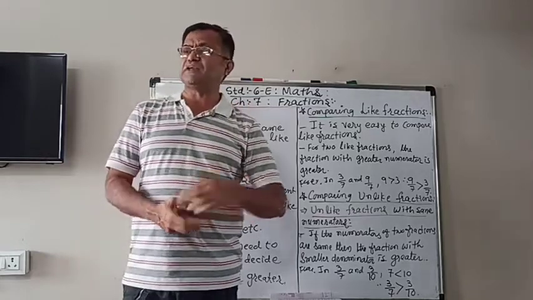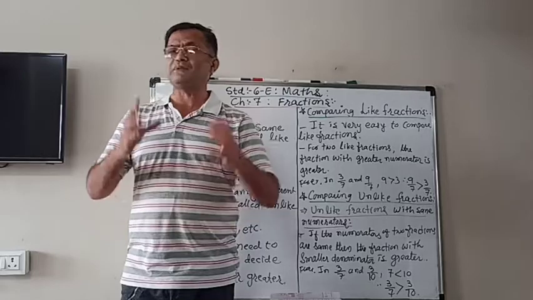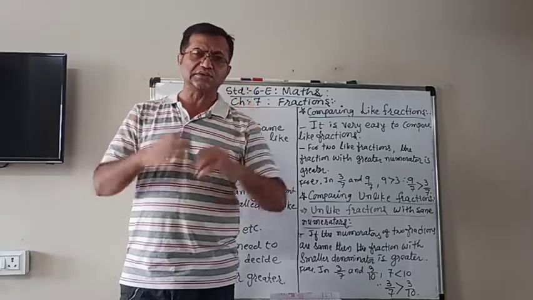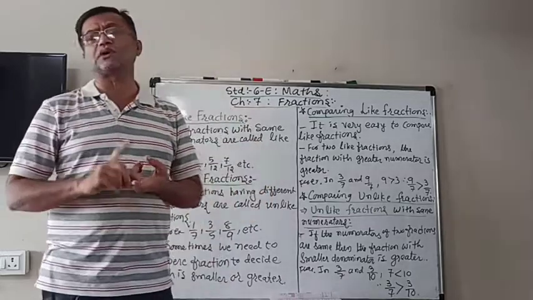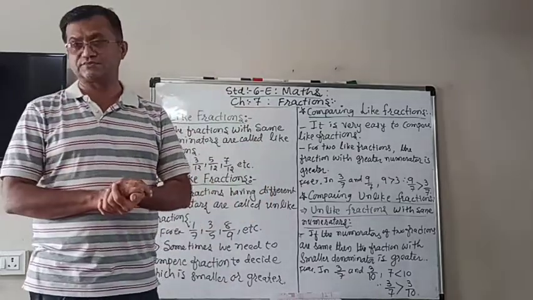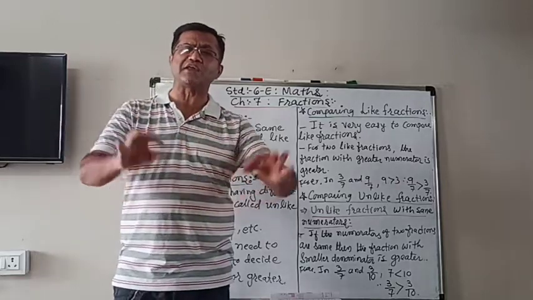For that, there are two different things we have to take into account. First, we have to understand how to compare like fractions. To compare like fractions is very, very simple.